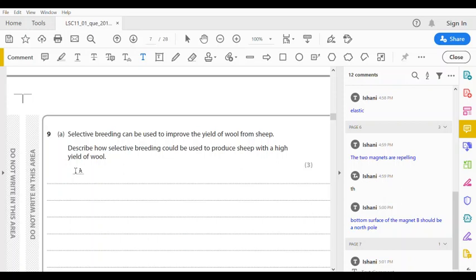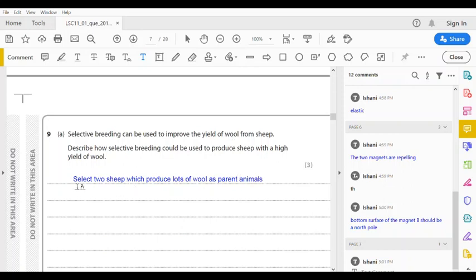So first what you need to do is select two sheep which produce a lot of wool as parent animals.